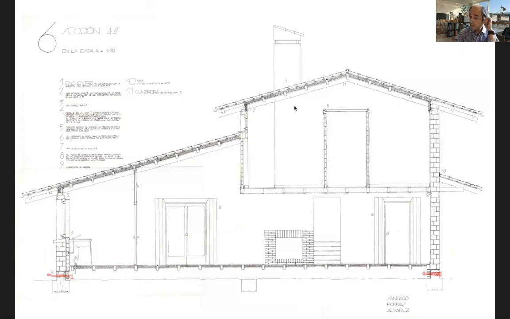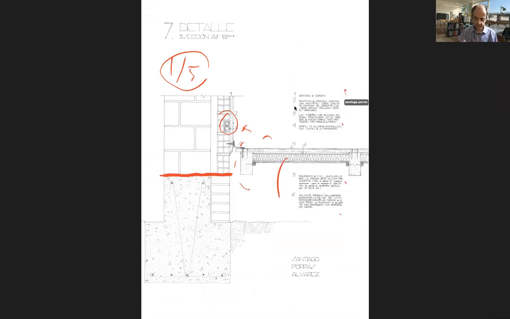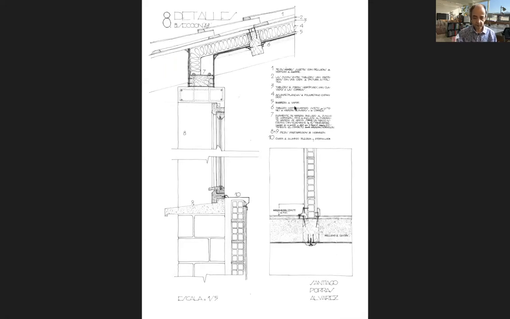And then, this was very small, so there were just the details at 1 to 5 scale, right? Connection to the ground, of course, the cutting sheet is a flexible joint between brick and timber, implementation of systems, and the description of each of the materials used. Same for the windows.